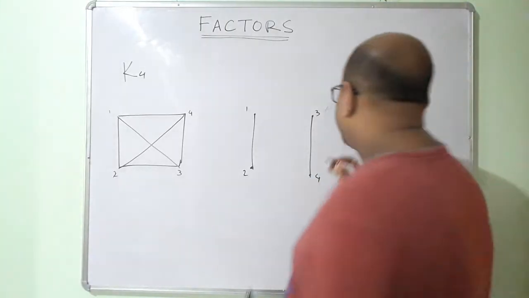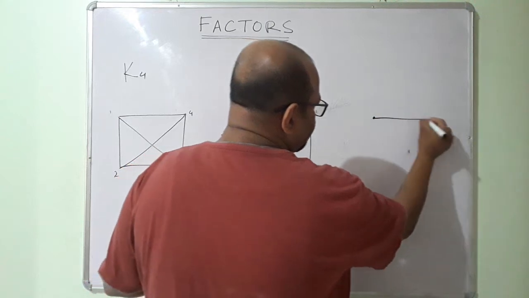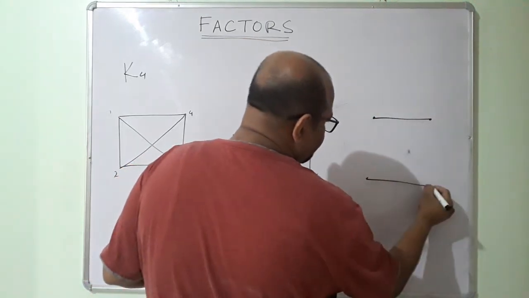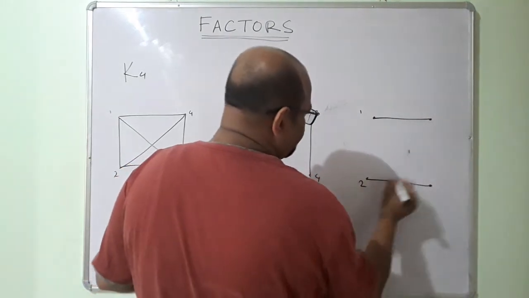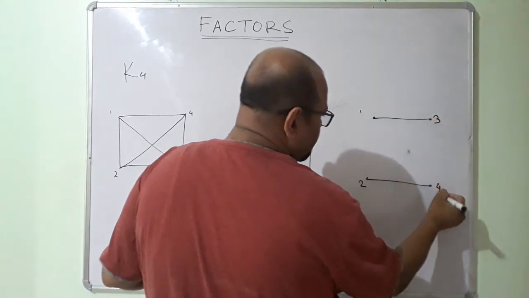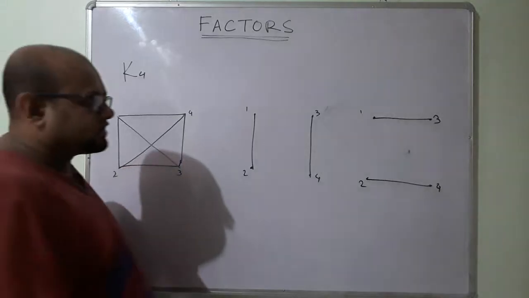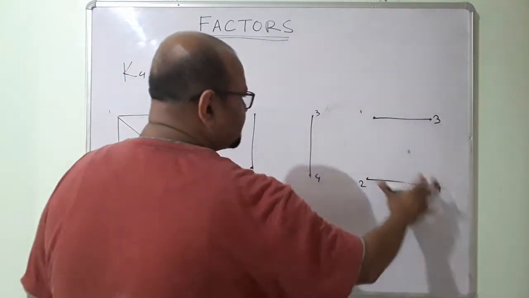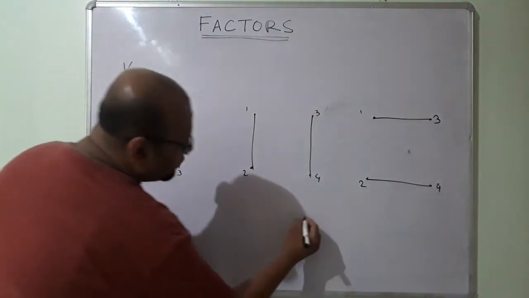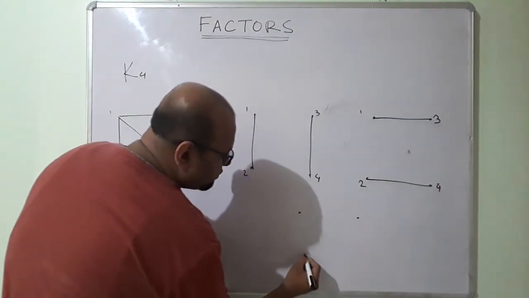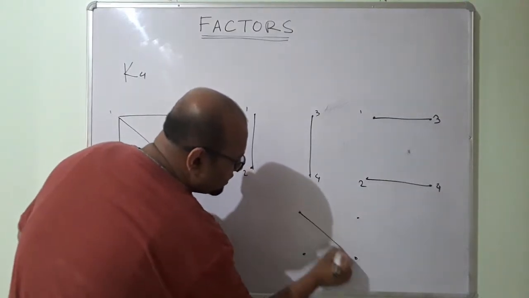Alright, now if I have this, this is also a 1 factor. Once again, for the same reason, all the vertices are there and each vertex has a degree equal to 1. And let me get one more 1 factor. This is one more 1 factor.